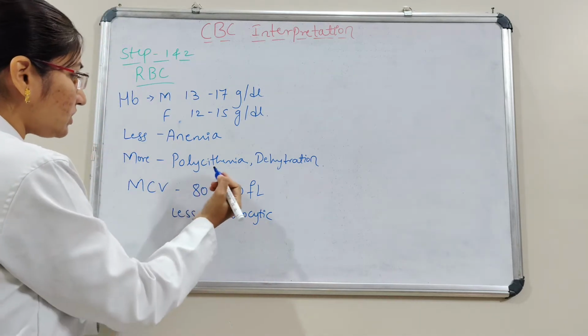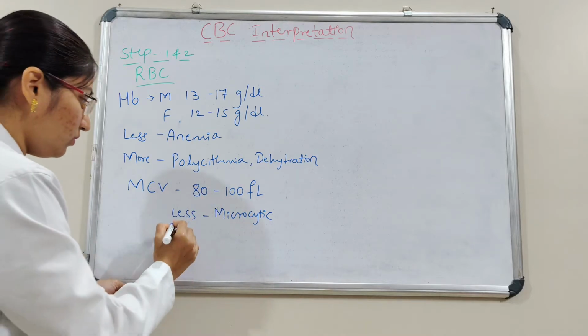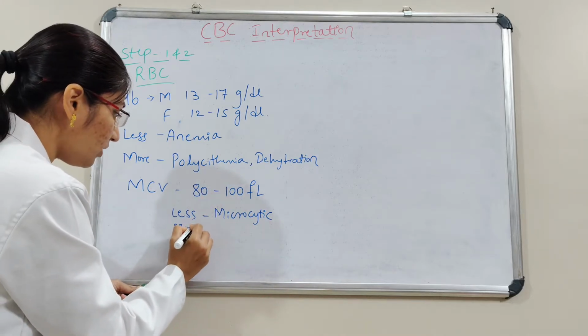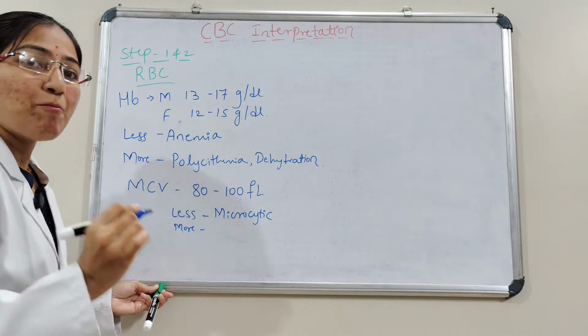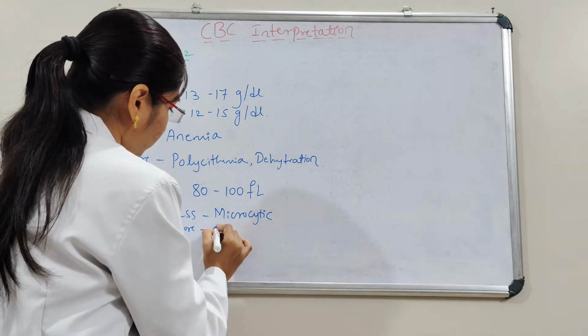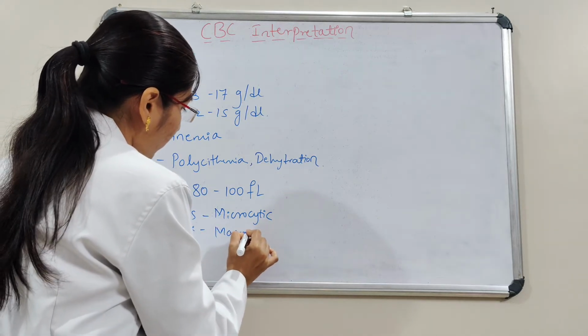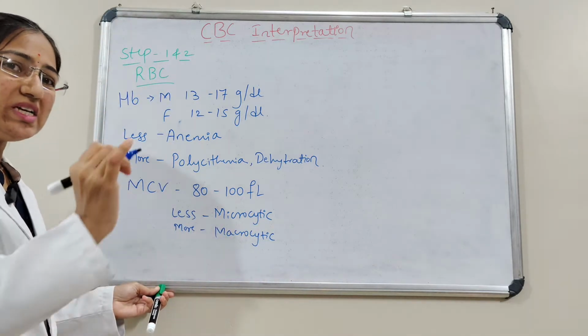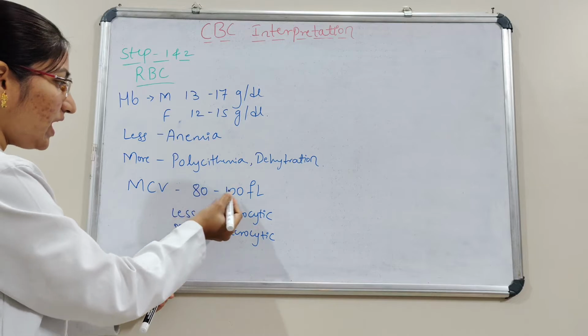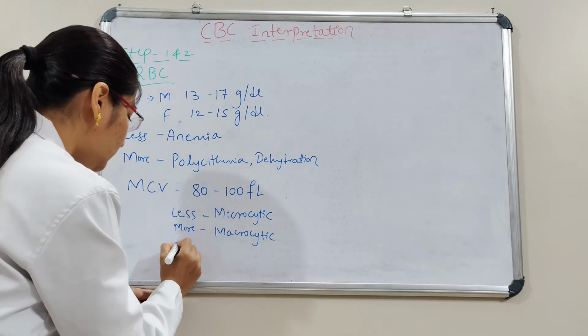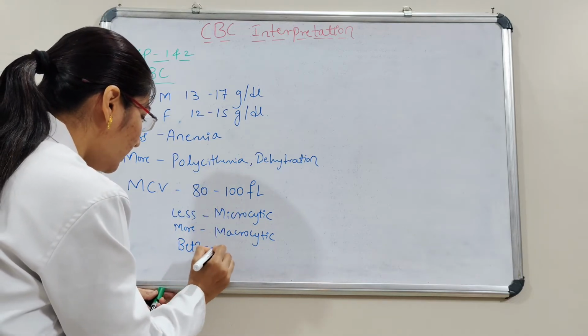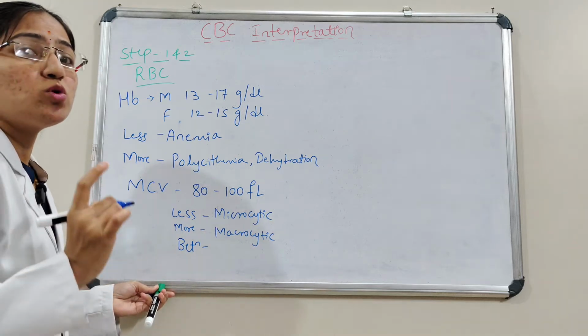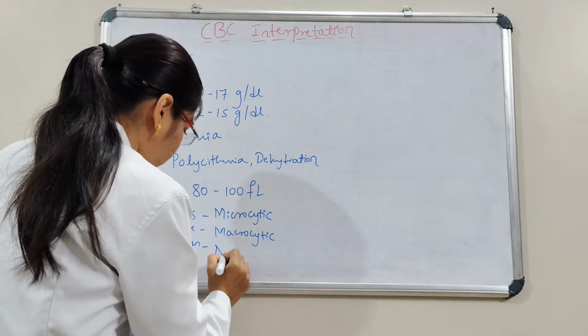If it is more than 100, more than the normal level, that is called macrocytic anemia. If it is between 80 to 100, then it is called normocytic anemia.